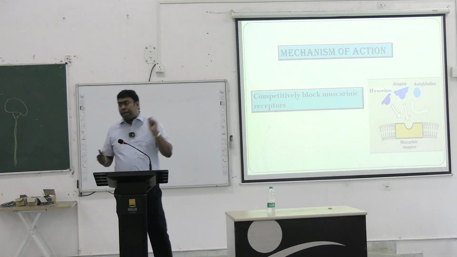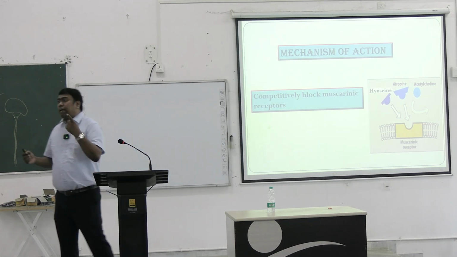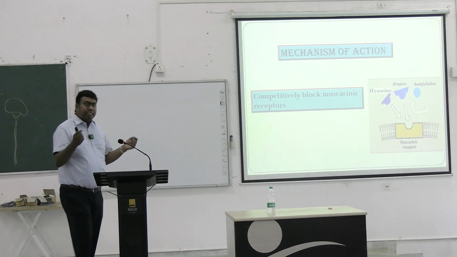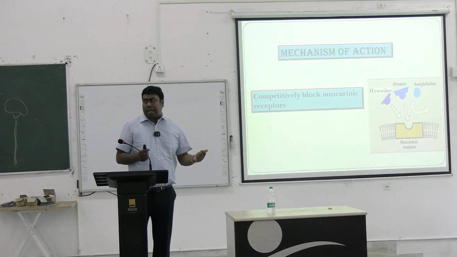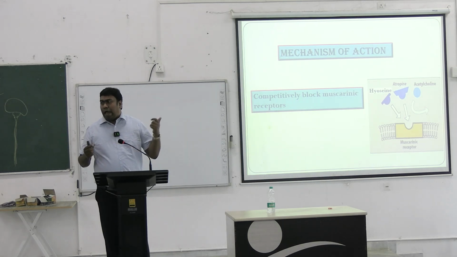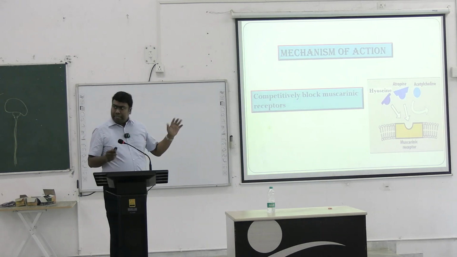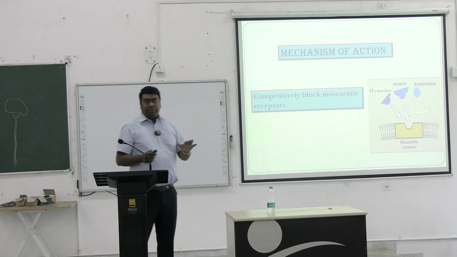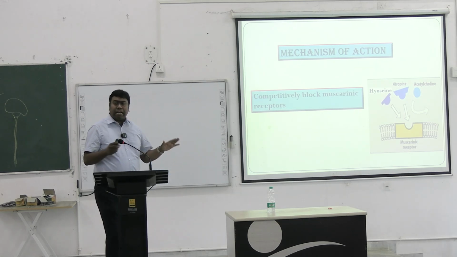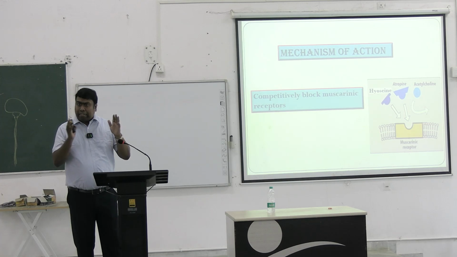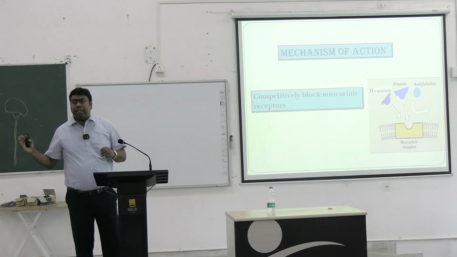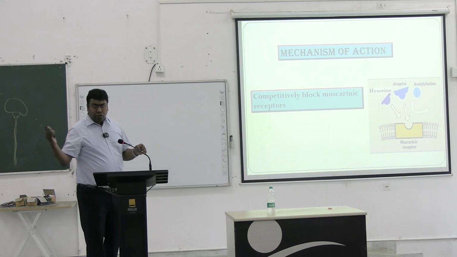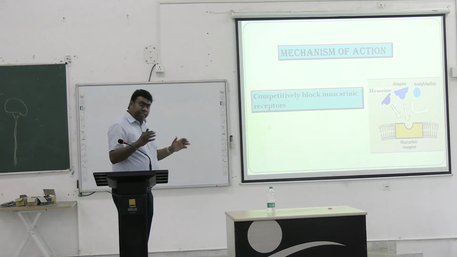They bind with the same receptor, that means M1, M2, M3, and the site is the same as acetylcholine. So it is a competitive inhibition of M1, M2, M3, and the competition is between acetylcholine and either atropine, hyoscine, ipratropium, tiotropium, homatropine. Clear?